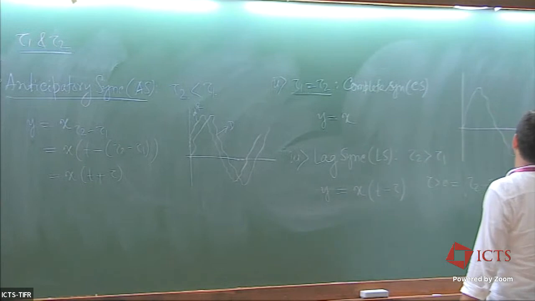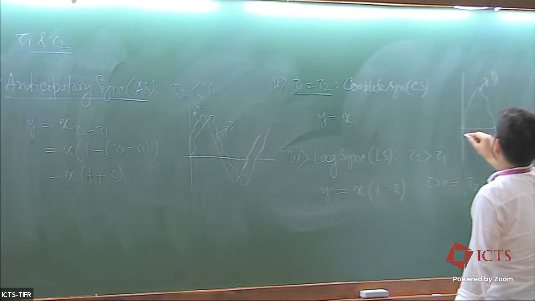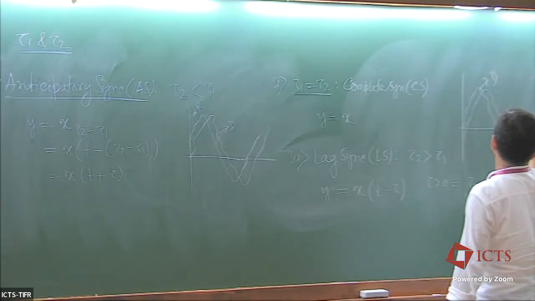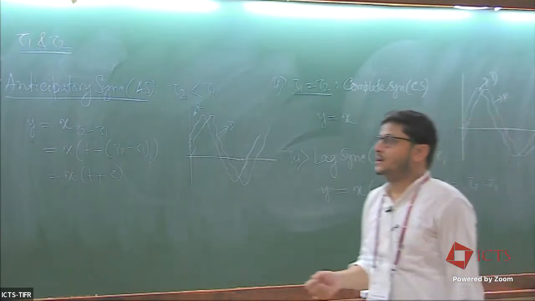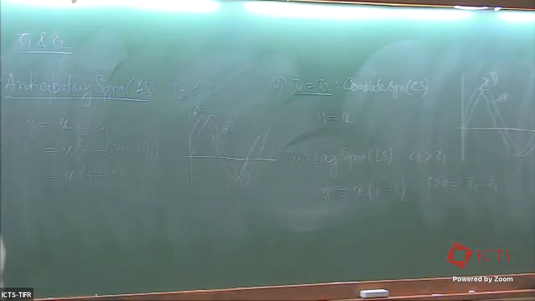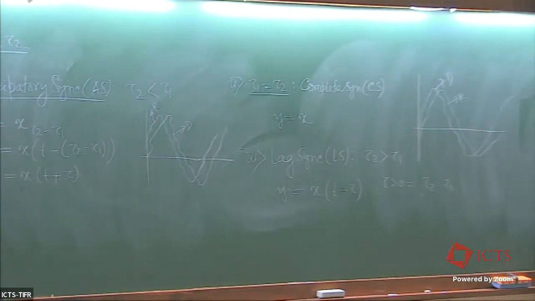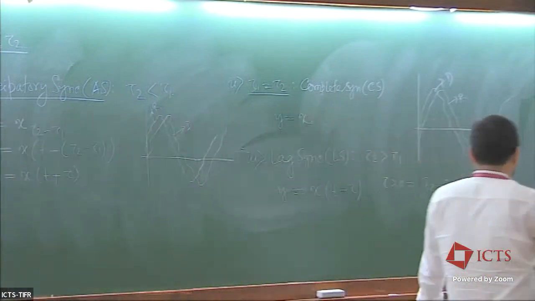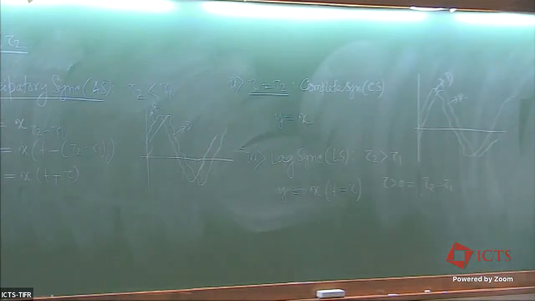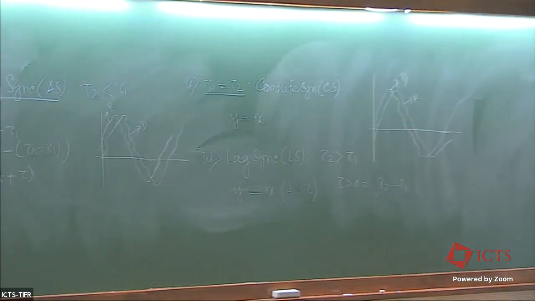Suppose this is the driver and the response lags it. These 3 kinds of scenarios we can obtain from this type of coupling. For another coupling, you can get other types of synchronization scenarios, but presently we are interested in this type of coupling.